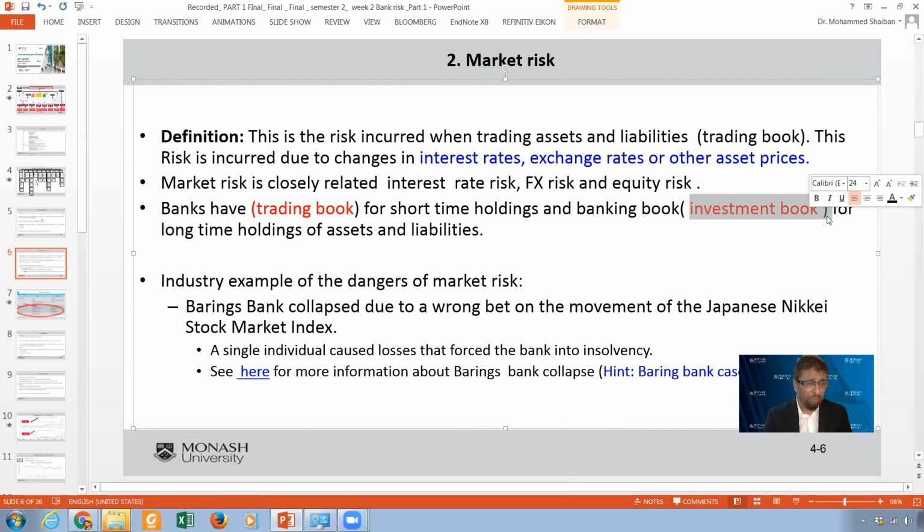Now, market risk can be very, very risky to the bank. And we have seen so many banks collapse because of this trading, because sometimes you take huge exposures. And when we take these huge exposures, you are exposed to huge losses that the bank capital cannot actually compensate or buffer, and at the end of the day, the bank collapses.